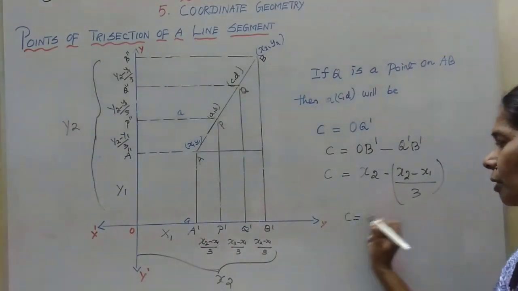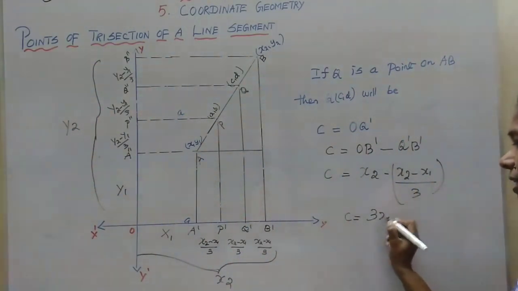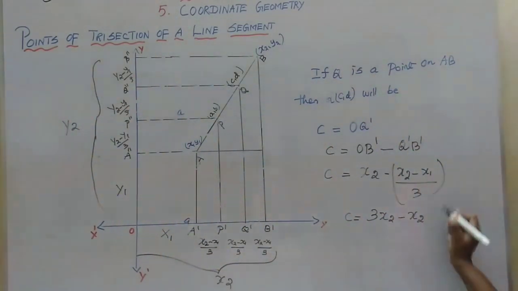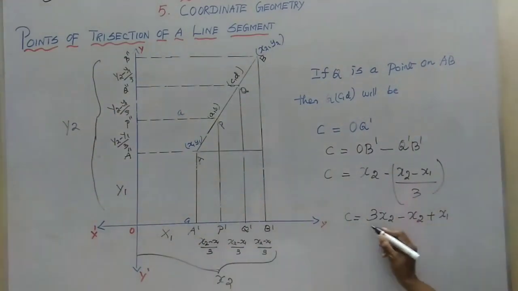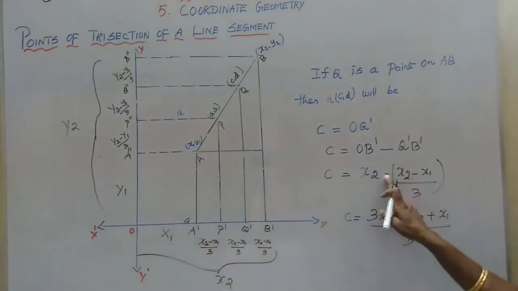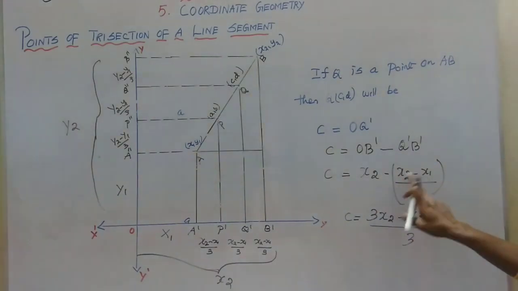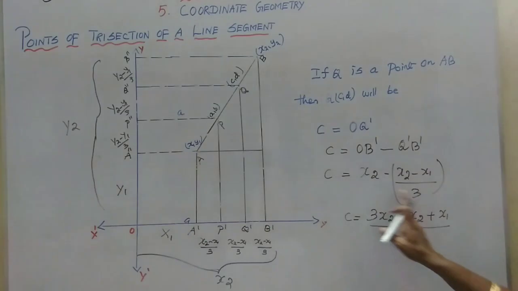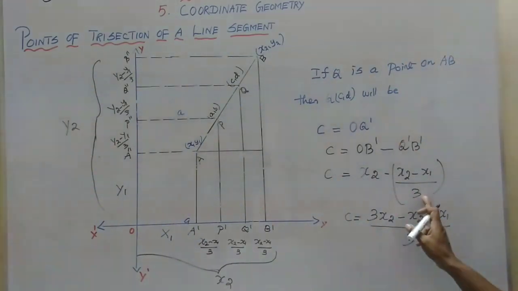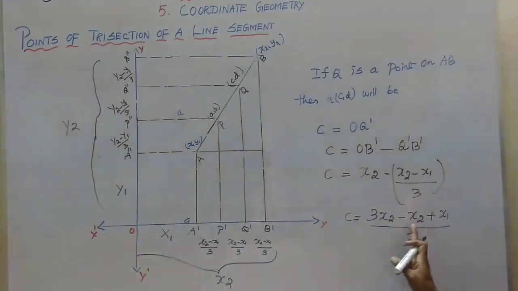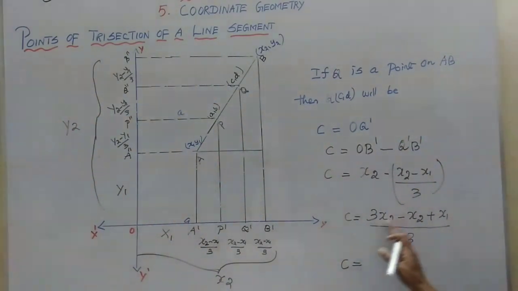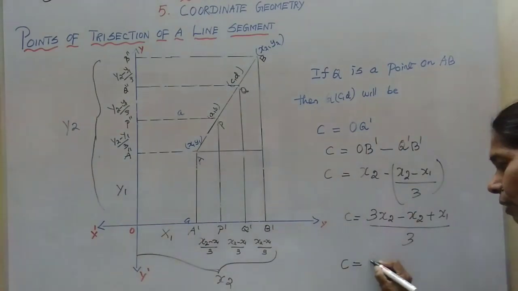Now C equal to, make cross multiplication, 3x2 minus x2 minus into minus plus x1 by 3. Here we have to multiply the minus inside, so minus into minus plus. Here you are taking the LCM, so it becomes the common denominator. So 3x2 minus x2 plus x1 by 3. So finally C equal to 3x2 minus x2, you are getting 2x2.